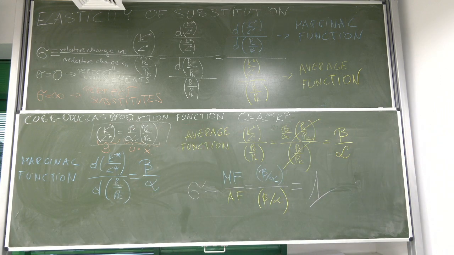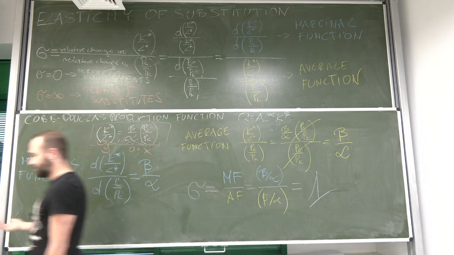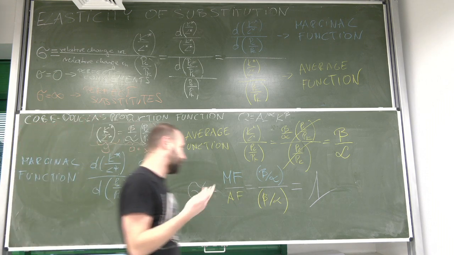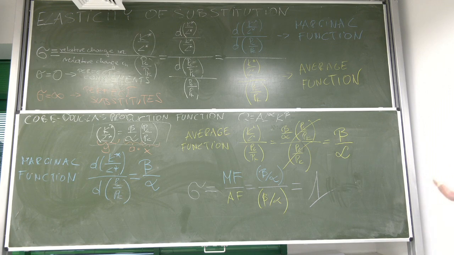And this actually explains again the popularity of the Cobb-Douglas production function in economics in general. However, right away, this creates a question. Well, we see that in the case of the Cobb-Douglas production function, the elasticity of substitution is always 1.